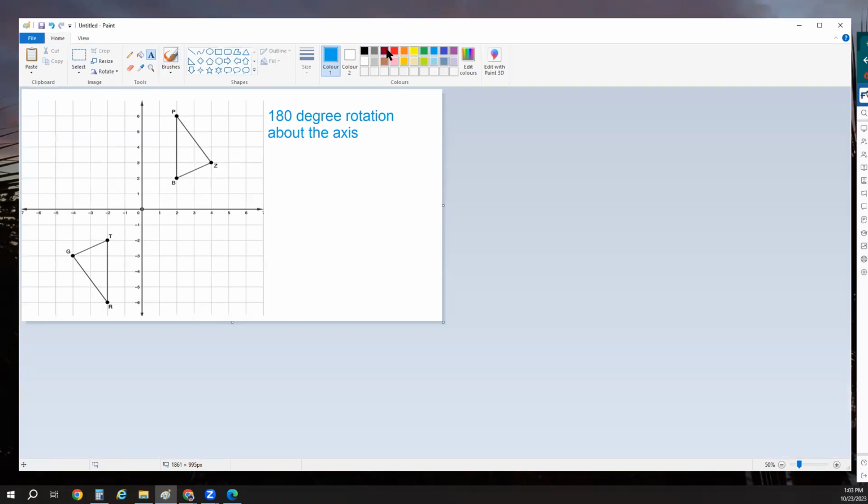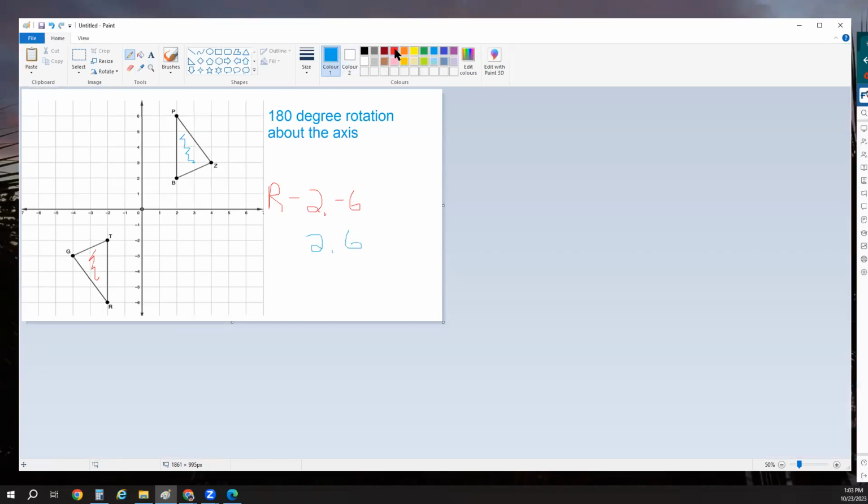So I'm going to call this one red. I'll call this one P. We'll call this one blue. The red point here is we'll call it R, and this one is -2 comma -6. And then the other one, the blue one here, is 2 comma 6.